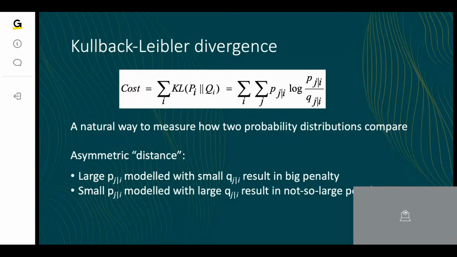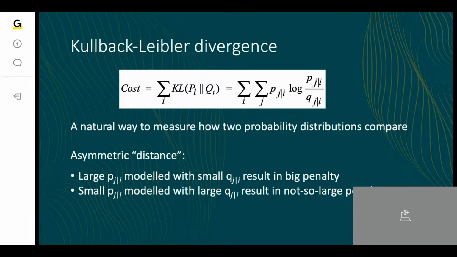Essentially, if there was a probability distribution P, and it was to be represented by Q, how accurate would that representation be?